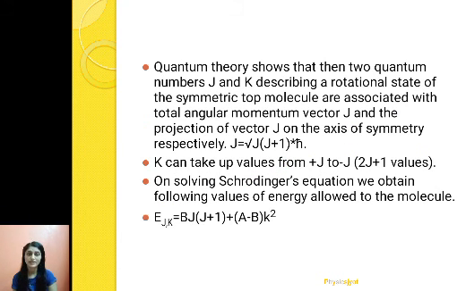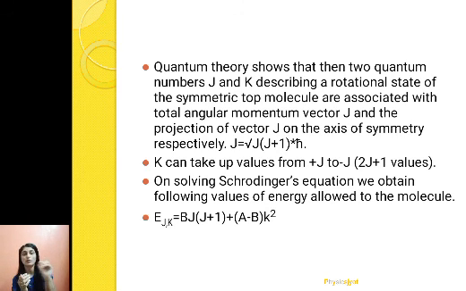Now we have already studied the quantum theory, and it shows that the two quantum numbers J and K describing a rotational state of the symmetric top molecule are associated with the total angular momentum vector J and the projection of vector J on the axis of symmetry, respectively. So J and K, we are going to need these two vectors.